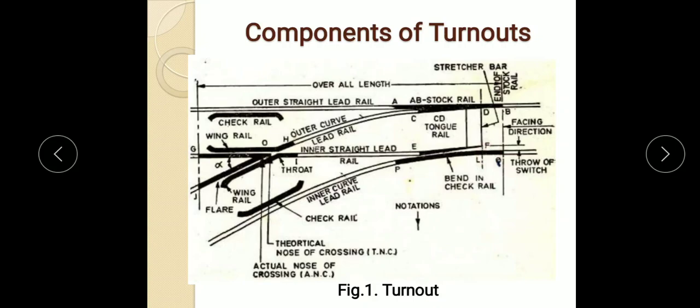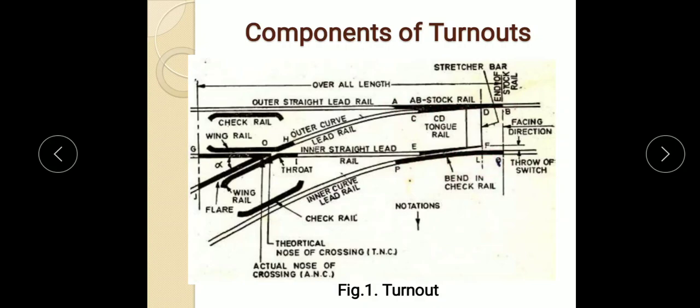Here AB is a stock rail and CD is a tongue rail. This EF is a tongue rail and PL is a stock rail. The next component is a pair of stock rails. So here we can see AB and PL is a pair of stock rails.